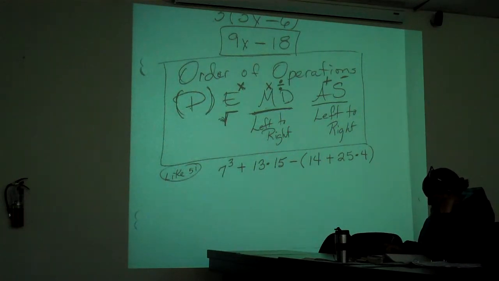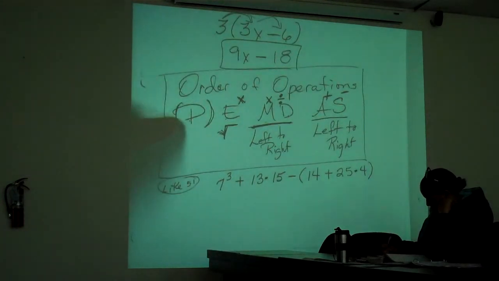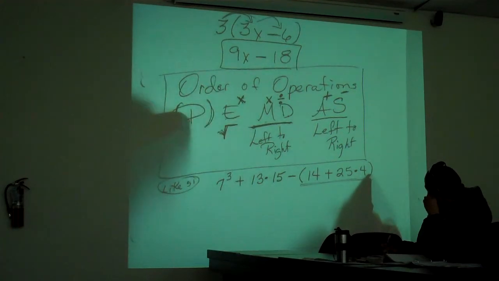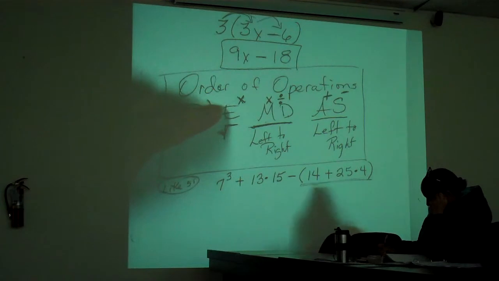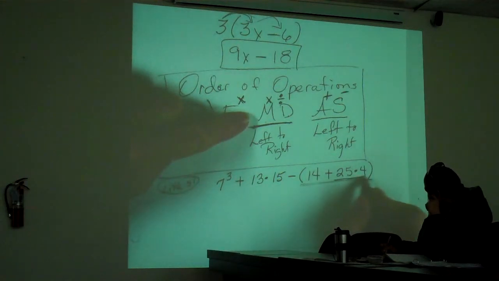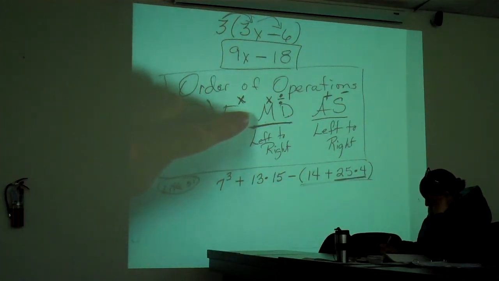Okay, the first thing is the parentheses. Remember, this is the first thing you do. Inside the parentheses, you also have to follow your order of operations. Don't just go left to right. See if there's parentheses inside the parentheses. Are there exponents in here? No. Multiply, divide. There is a multiply. Do that before you add and subtract.